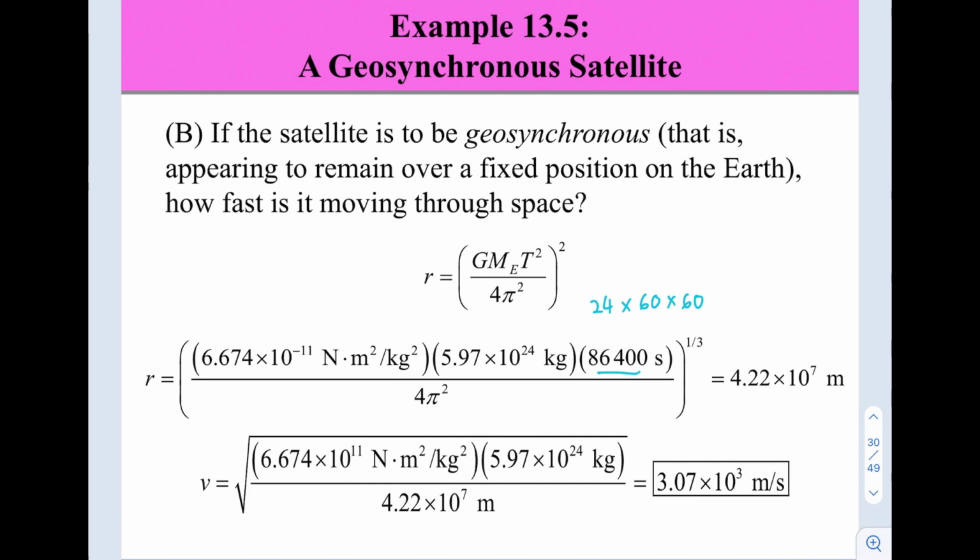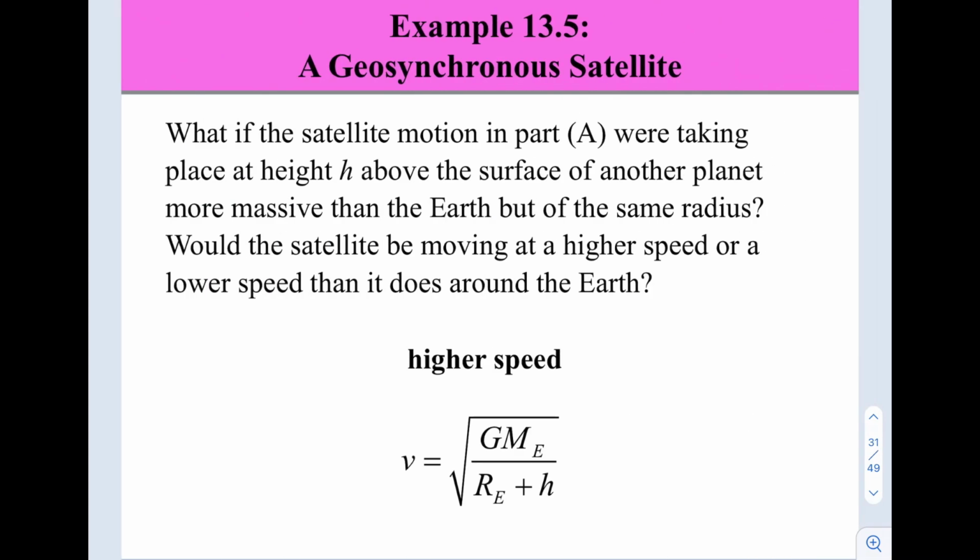Which gives us v equivalent to 3.07 times 10 to the power of 3 meters per second. So this should be the velocity, the speed of the satellite, to make sure it is a geosynchronous satellite.